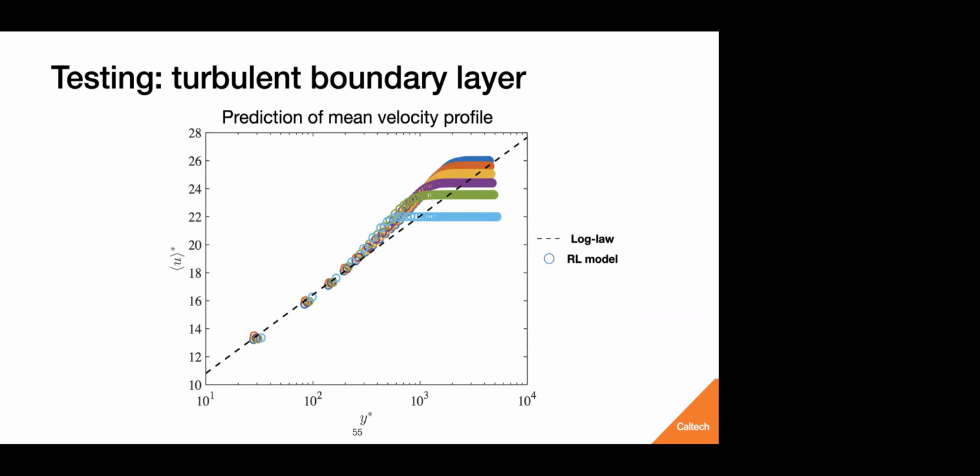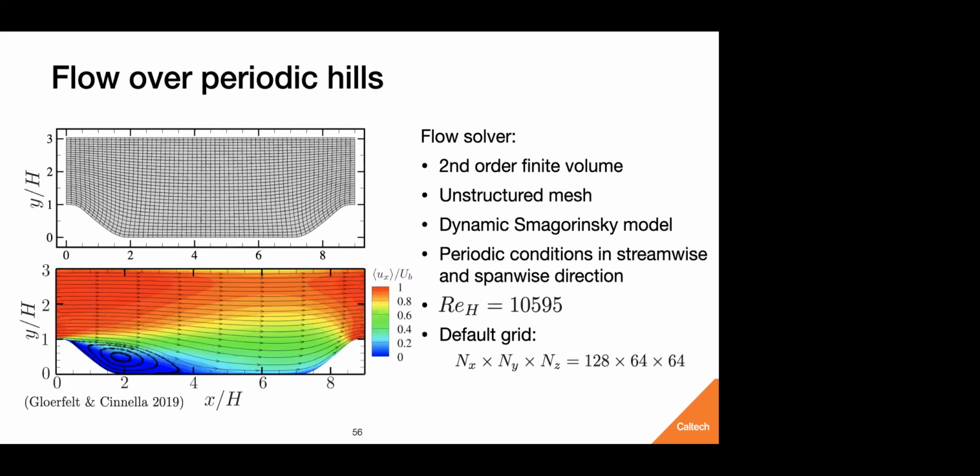And here are the mean profiles at different streamwise locations for the turbulent boundary layer. As you can see, they also lie quite well on the log layer, even though the Reynolds numbers are quite low. We mentioned that eventually we wanted to tackle flows with pressure gradient effects, mostly because that's where these wall models will be used the most.